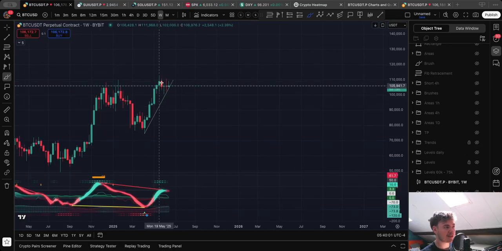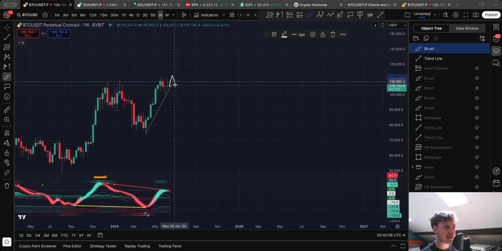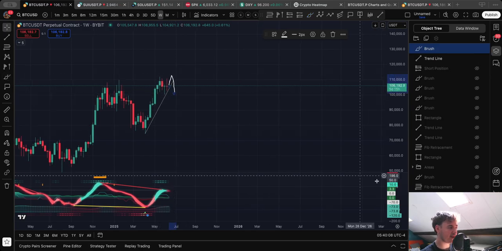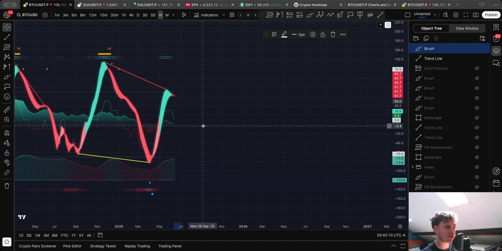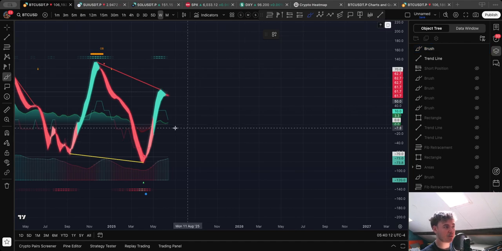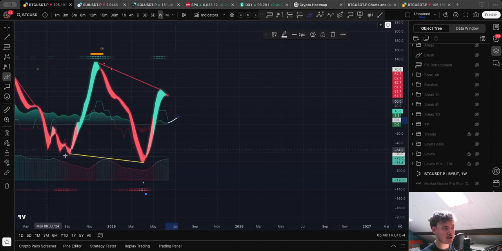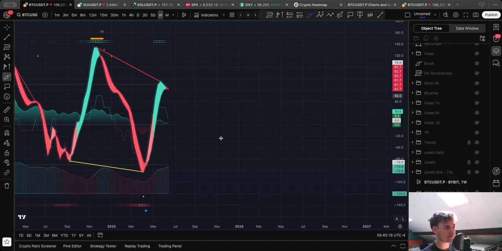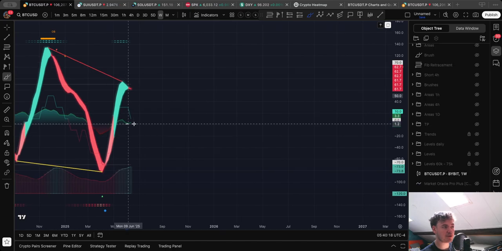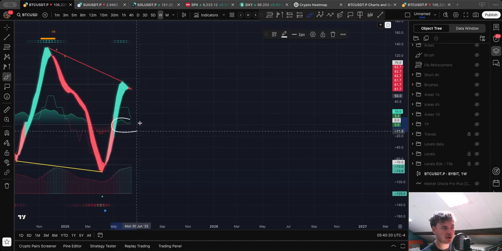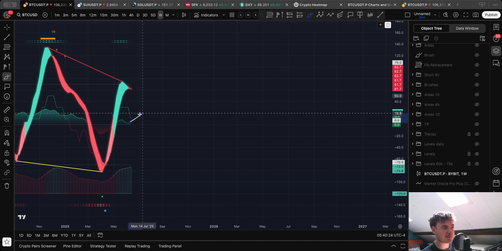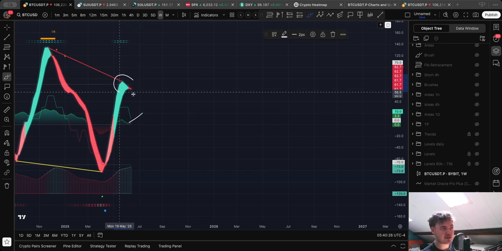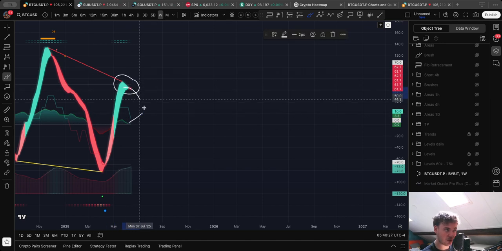So we created this high. As I said, we could expect something like this and then go lower. Now, what I saw that I think is important to mention is the fact that we see the money flow coming higher. You can see this here, right? The money flow is coming higher, this green area right here. So it's coming higher, and the momentum band seems that it wants to come lower.